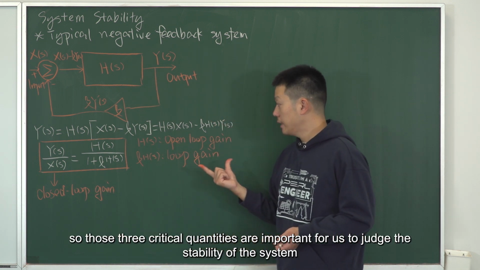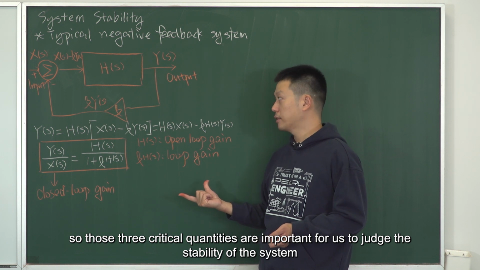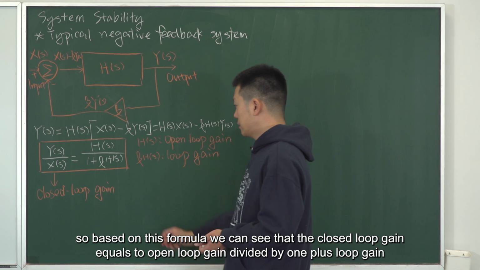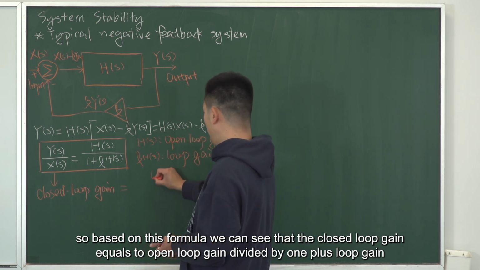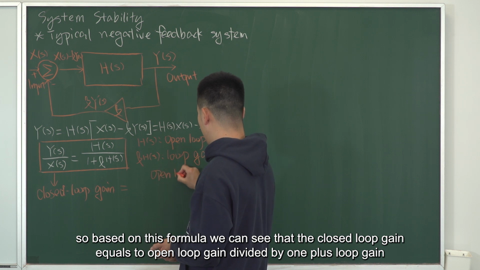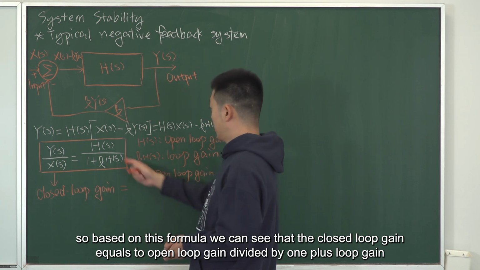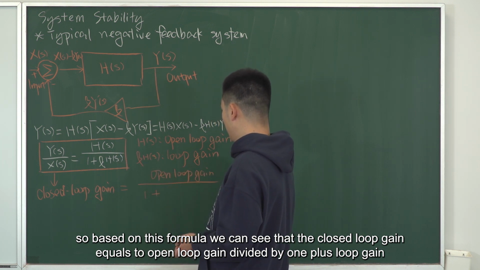Those three critical quantities are important for us to judge the stability of the system. Based on this formula, we can see that the closed loop gain equals the open loop gain divided by 1 plus loop gain.